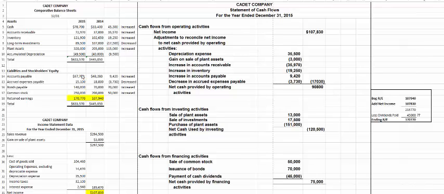Alright, so we pulled off the depreciation expense and immediately add it back. So add back depreciation expense. Notice it's a positive number here.